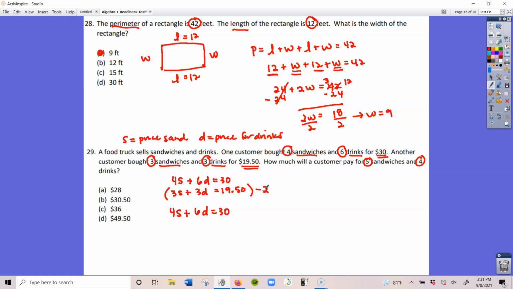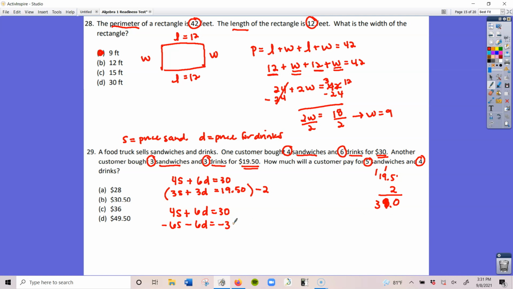Now when I multiply negative 2 to the bottom equation, I get negative 6S minus 6D is going to equal to, let's do the 19.5 times 2. This is 0. This is 18, plus 1, so 9. And 3, 1 decimal point, so 39.